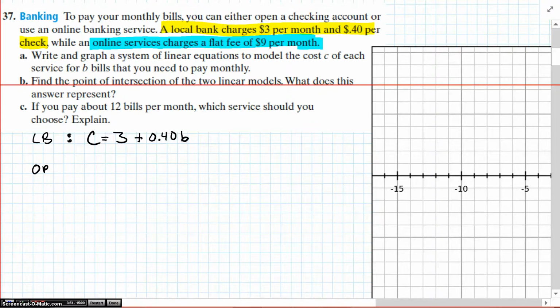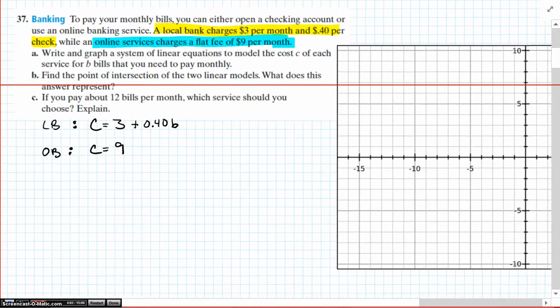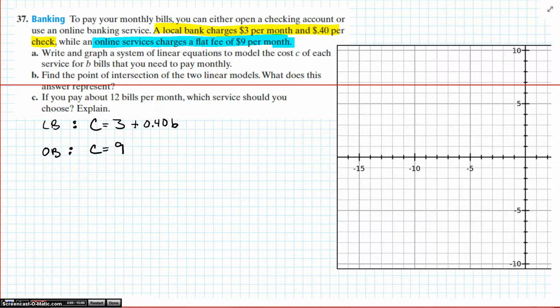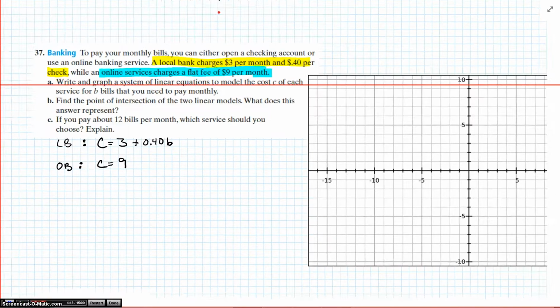The online bank is going to be, the cost is $9. So write and graph, and find the point of intersection of the models.